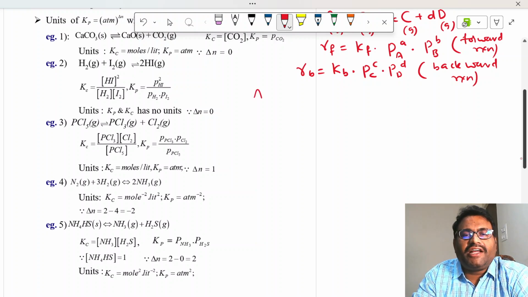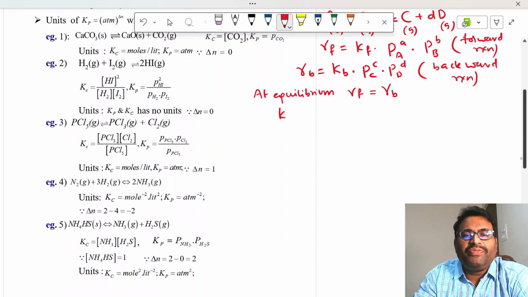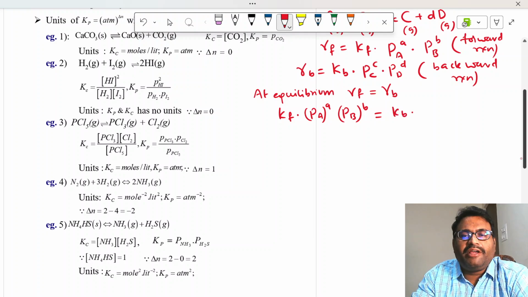And we know that at equilibrium, rate of forward reaction is equal to rate of backward reaction. Then I can write Kf into partial pressure of A power a into partial pressure of B power b is equal to Kb into partial pressure of C power c into partial pressure of D power d.